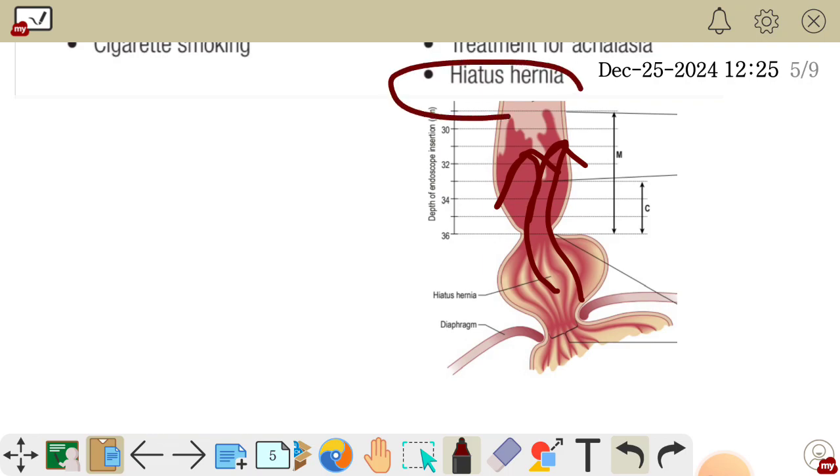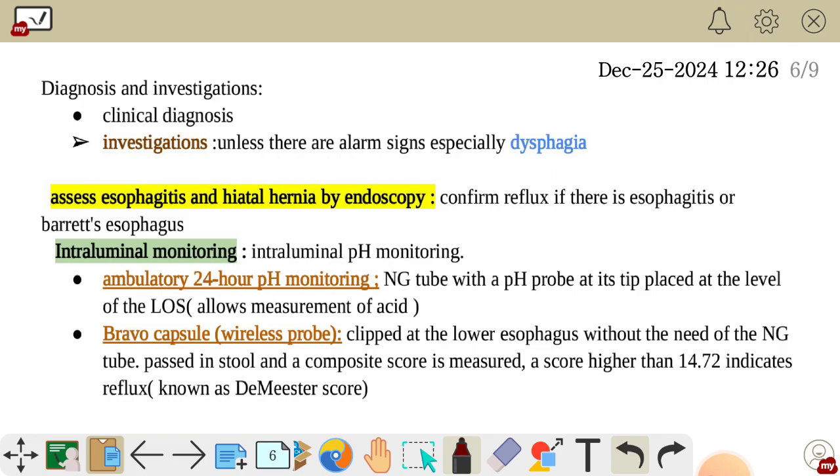That's why hiatus hernia here is one of the risk factors. And in most cases, gastroesophageal reflux disease is associated with hiatus hernia in those who are above 50 years of age.